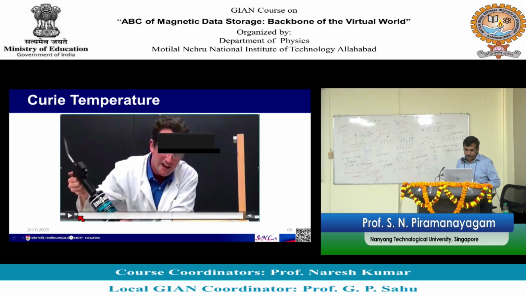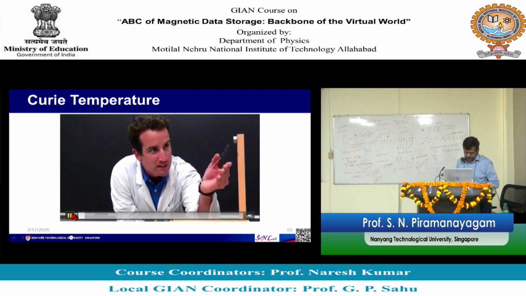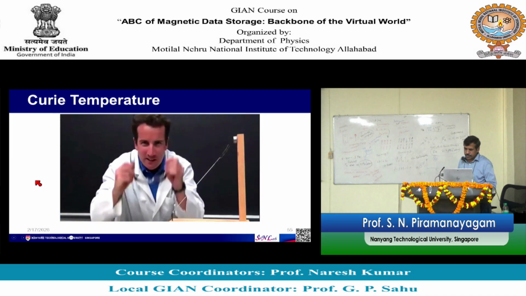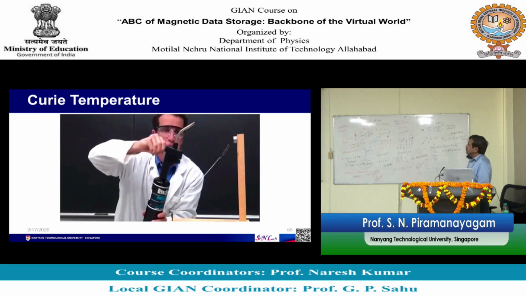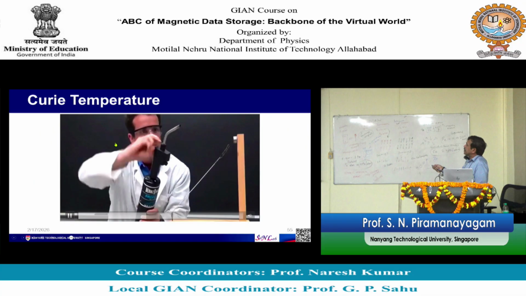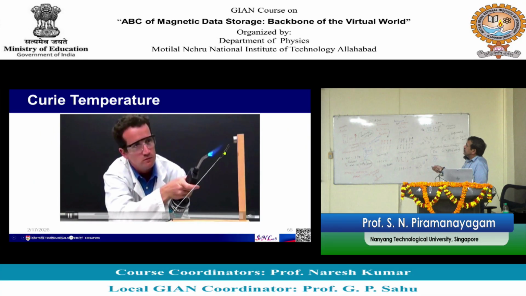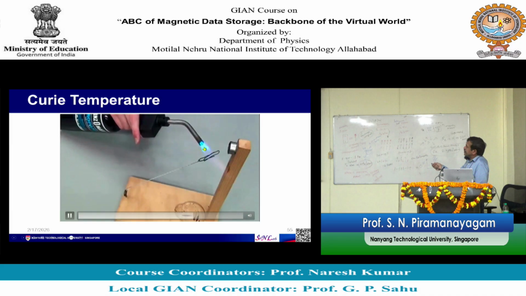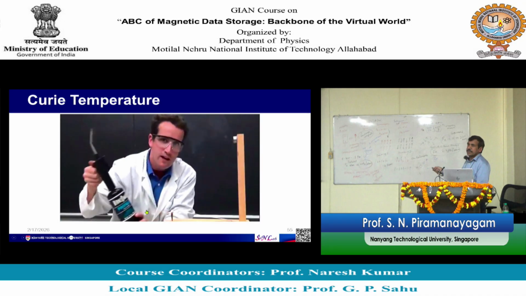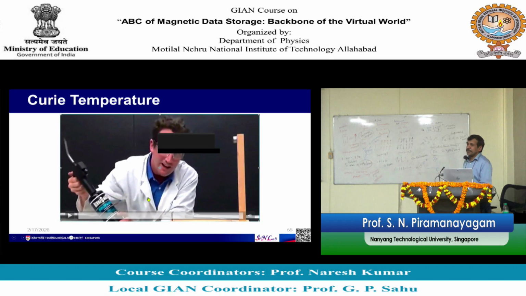So, the clip falls down. Okay. So, you notice that at room temperature the clip has ferromagnetic property, so it gets attracted, but once you heat, the clip becomes paramagnetic and the force is gone, the object falls down. Okay. So, this explains the concept of Curie temperature.